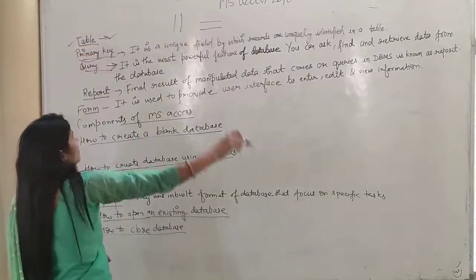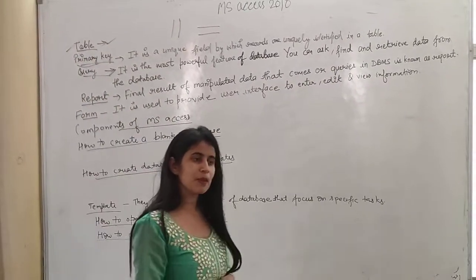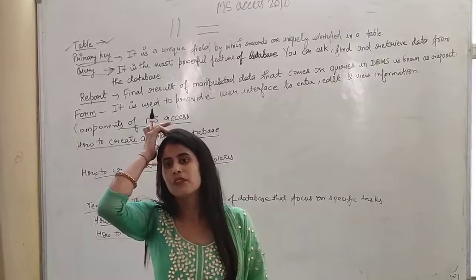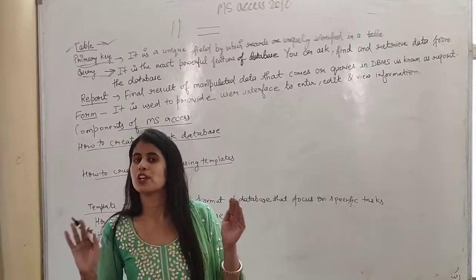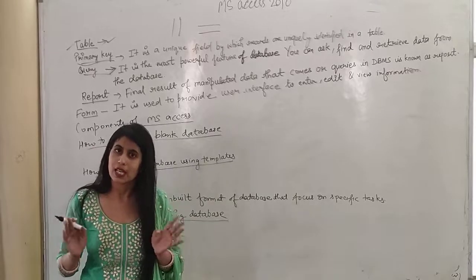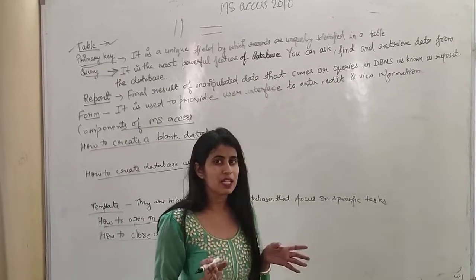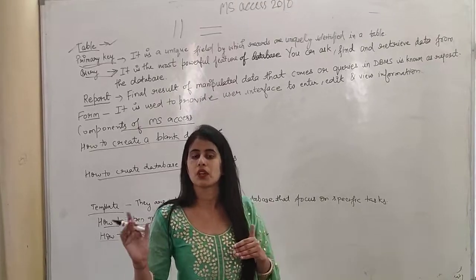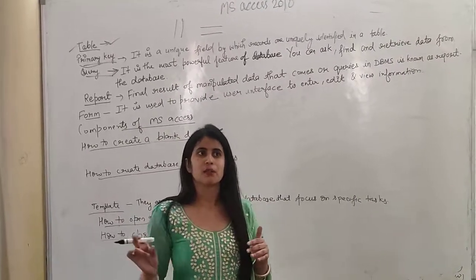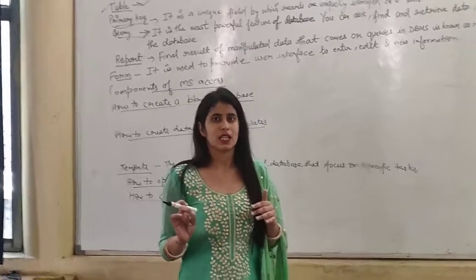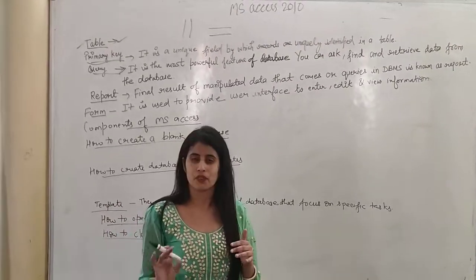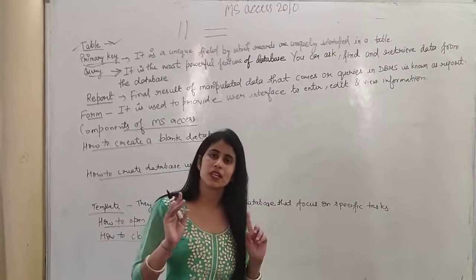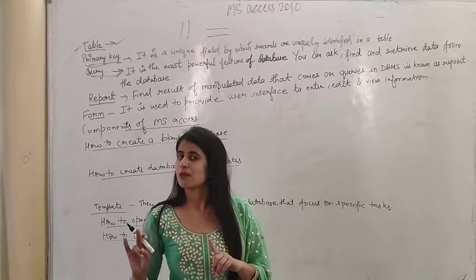Next is the primary key. What is a primary key? A primary key is a unique field that does not match with anyone, and with its help we can uniquely identify a specific record. In one table we can have only one primary key.